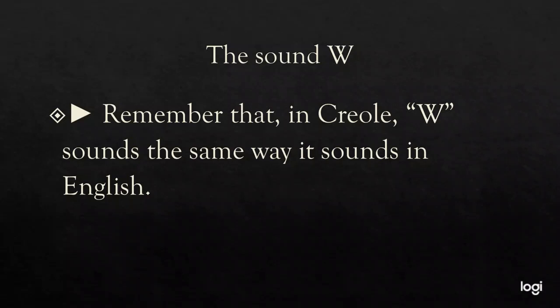The next thing is the sound of W. You see that W? We don't say W in Creole, we say "woo." It's not difficult. When you listen to the word "well," we pronounce that W the same way you pronounce it.